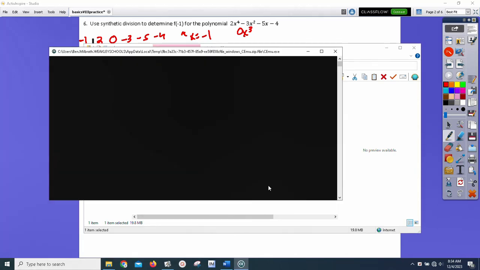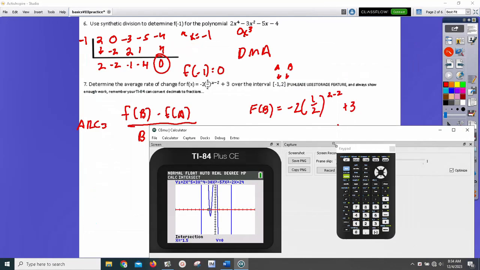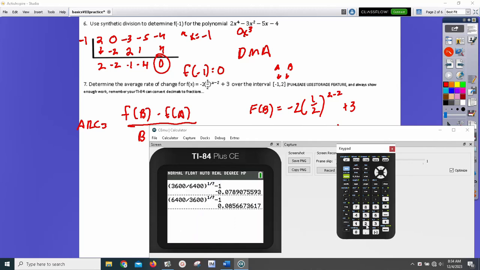Let's just run that. All right, so one of the things I had to plug in was a 2. 2 store x. And the function was negative 2 parentheses 1 over 2 close parentheses raised to the x minus 2 arrow down plus 3.